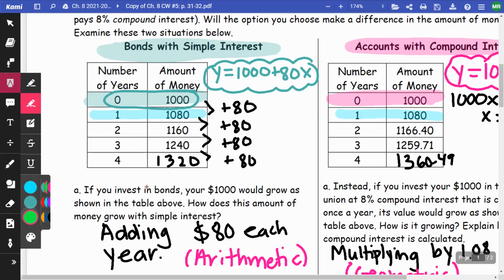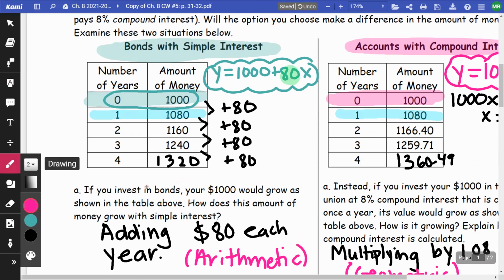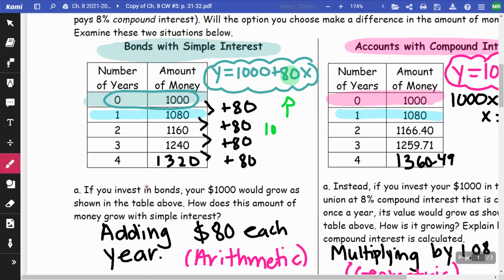So this 80 that we kept adding and adding, how that 80 came about was if you take $1,000, which is what we started out with in the bank originally, and times it by 8%. 8% of $1,000 is $80, and that's what you get year after year. No matter how much money you have in the bank, it is 8% of what you put in originally. So you never get more, it's always the same amount.